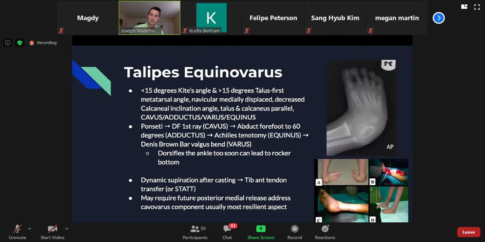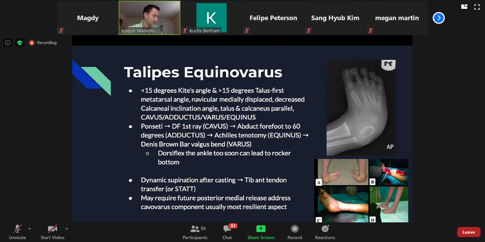All right, TEV. So outside of the fact that they literally have a TEV case on the CBPS site, expect a question on TEV. It should hopefully be easy to address. So how are we figuring out if a patient has TEV outside of looking at a clinical depiction or looking at an X-ray? Because the X-ray should be relatively obvious, but again, don't expect a 2020 X-ray on your exam.